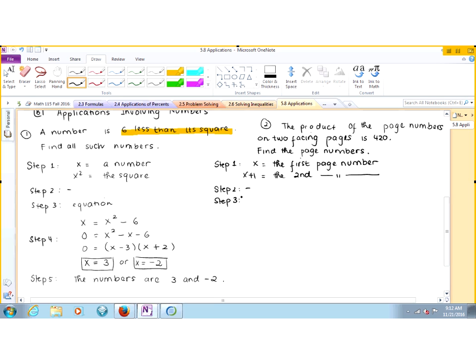What is the product? Multiplication. So X times X plus 1 is equal to 420. Right. So X squared plus X minus 420 is equal to 0.